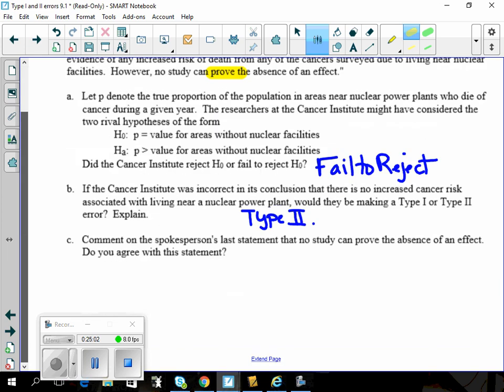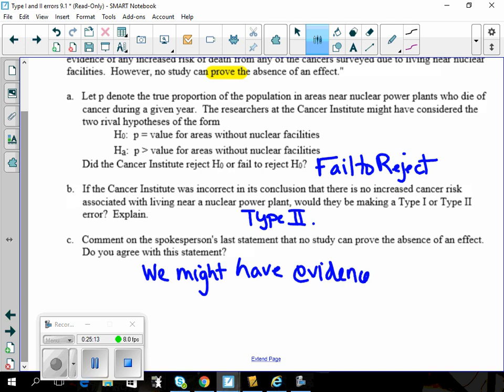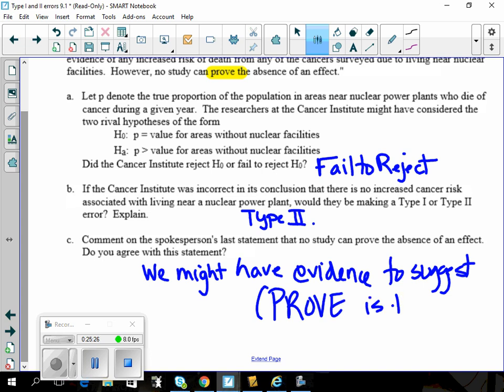So really how I would comment on this is that we might have evidence to suggest a reason why we should reject or fail to reject the null, but prove is too strong of a word. And that's really all you need to worry about in that one.